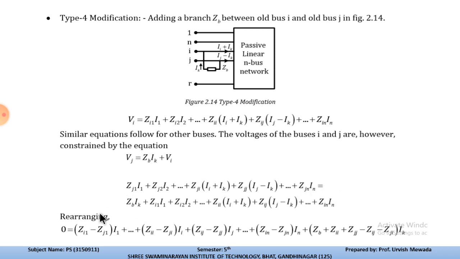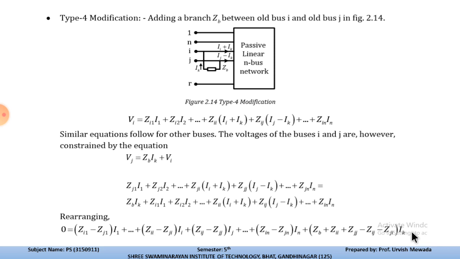So (Zi1 minus Zj1) into I1, then (Zii minus Zji) into current Ii, and (Zij minus Zjj) into the current Ij, then (Zin minus Zjn) and the current In, plus the impedances of all the buses, that is (Zb plus Zii plus Zjj minus Zij minus Zji) into ik.